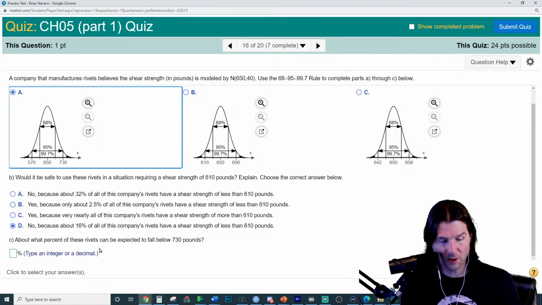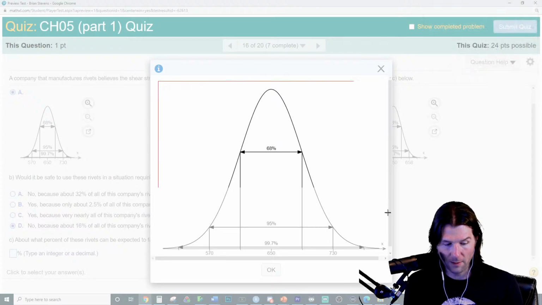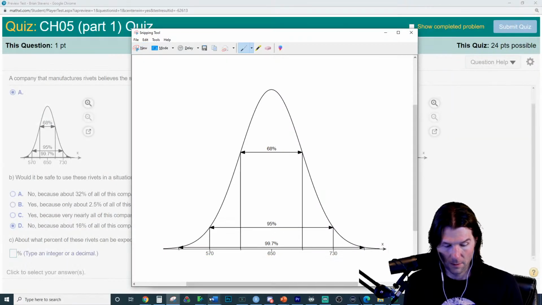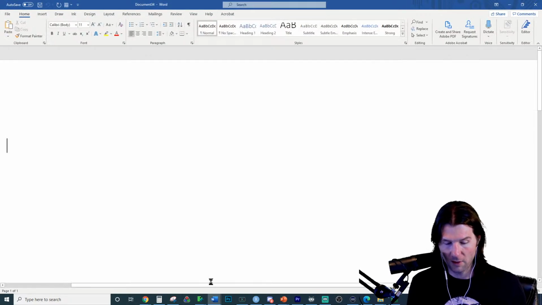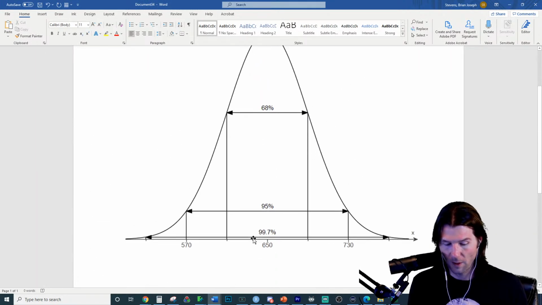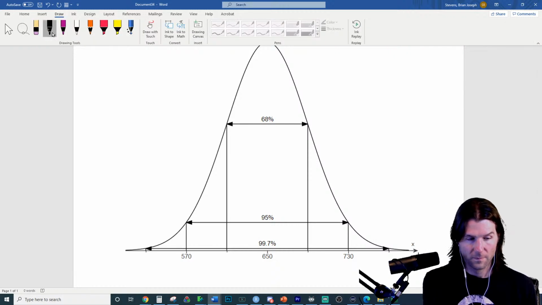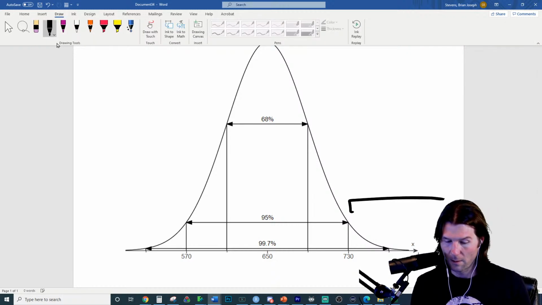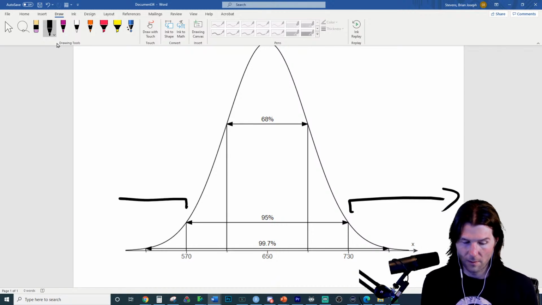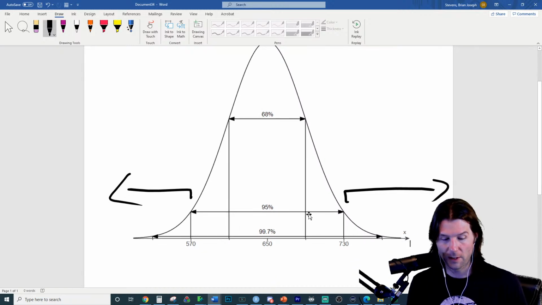What percent of rivets are expected to fall below 730? So let's graph this one out here. Below 730, and let's go right here. Below 730 is going to be how much?